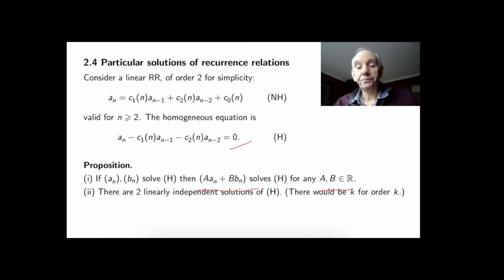This should be familiar to you if you've done a similar thing in ordinary differential equations. It's completely analogous. You can have non-homogeneous differential equations, you look at the corresponding homogeneous equation and so on.